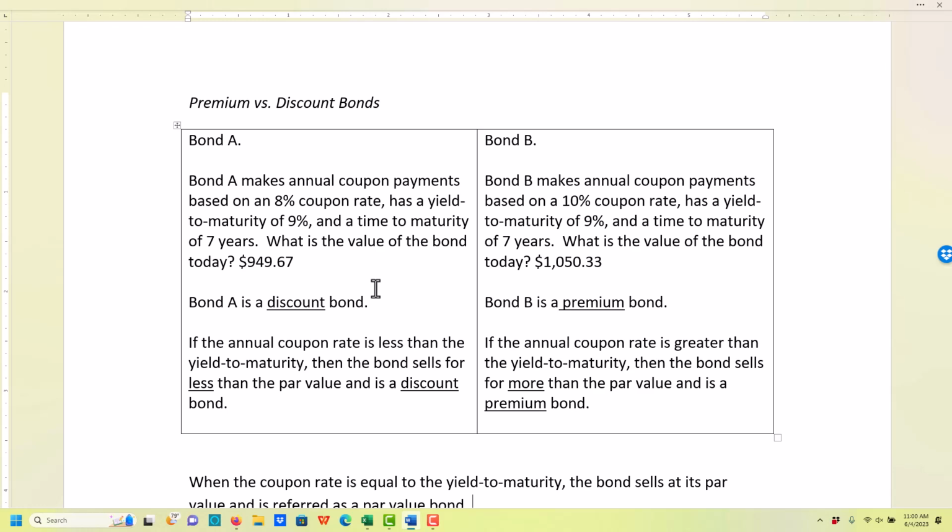With the premium bond here, you're getting a higher coupon rate, so you're getting more money in your coupons, but you're going to pay more for that today. In this case, you're going to pay about $100 more to receive $20 a year more in coupons.